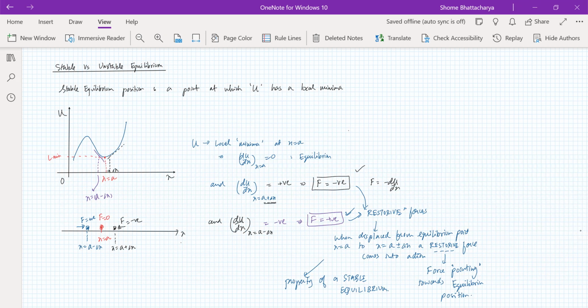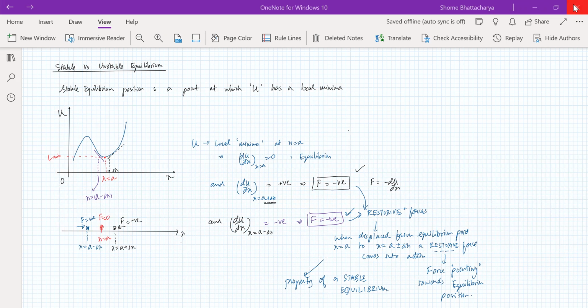Okay, so now likewise we'll see that unstable equilibrium is kind of the opposite of this. Opposite in the sense that obviously slope is zero at the unstable equilibrium point because net force should be zero. But with respect to that point, if I move the system by a small amount delta x towards the right or towards the left, the force should point in the opposite direction, not towards the point.